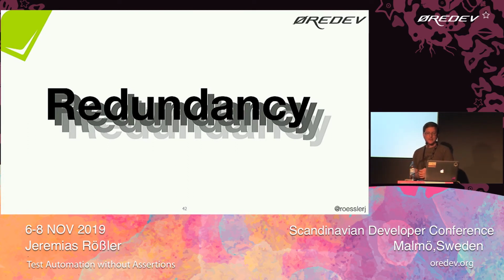The second problem that you usually have with Golden Master testing is redundancy. If you have, say, 1,000 tests of your website and you change the logo, guess what? You now have 1,000 failing tests, which is a problem because you usually have a big overlap.